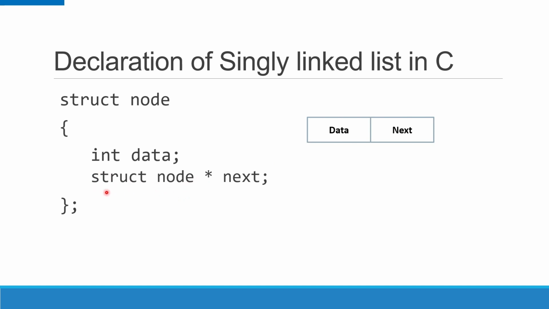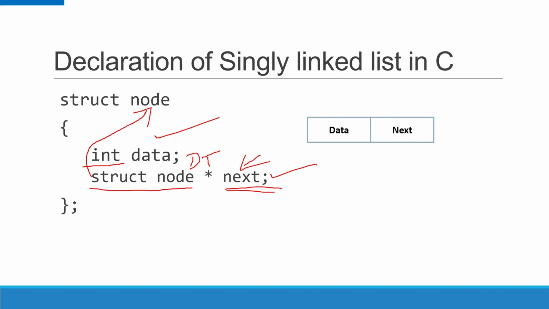So this struct node acts as a data type for my next pointer, like integer is a data type for data. Likewise struct node is a data type for next. I'm indicating that the next node is going to have two things, the same way, data and the next field. So struct node represents the self-referential structure of the same type.